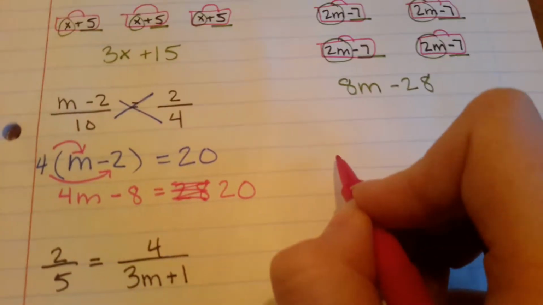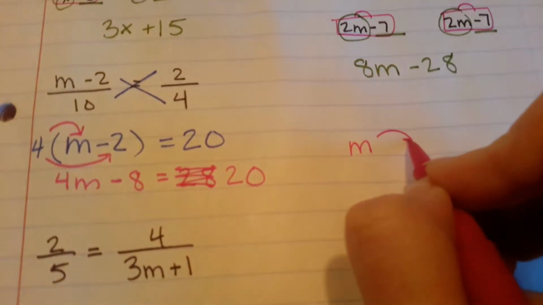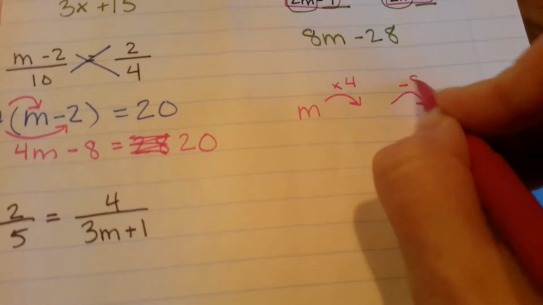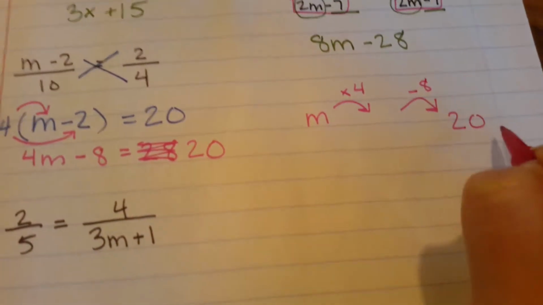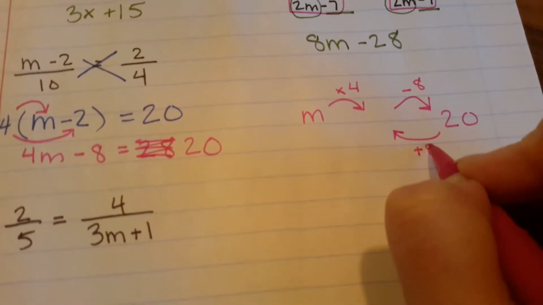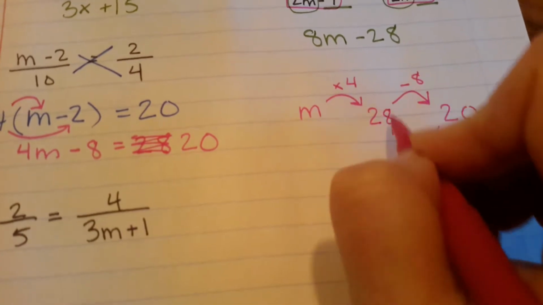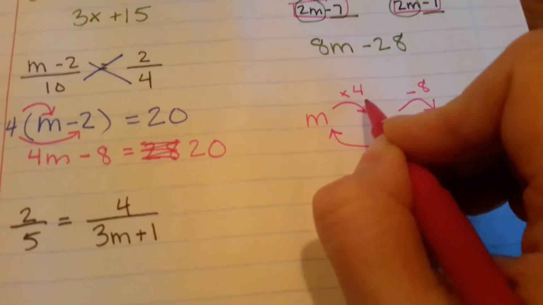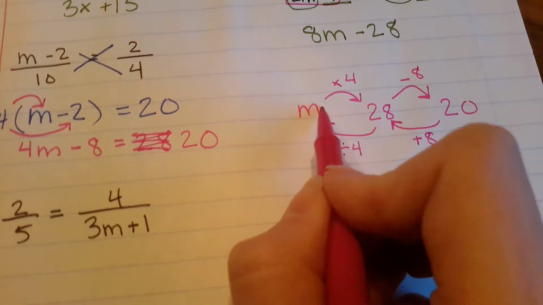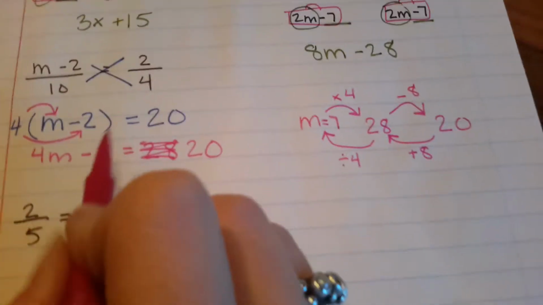We can do story. So m goes on a walk, runs into times 4 and minus 8. And we're 20. The inverse of minus 8 is plus 8. 20 plus 8, 28. The inverse of times 4 is divide by 4. 28 divided by 4 is 7.